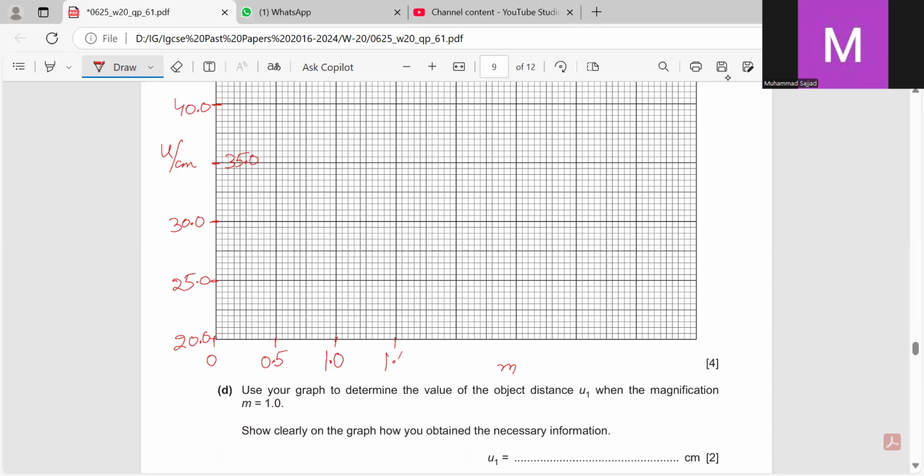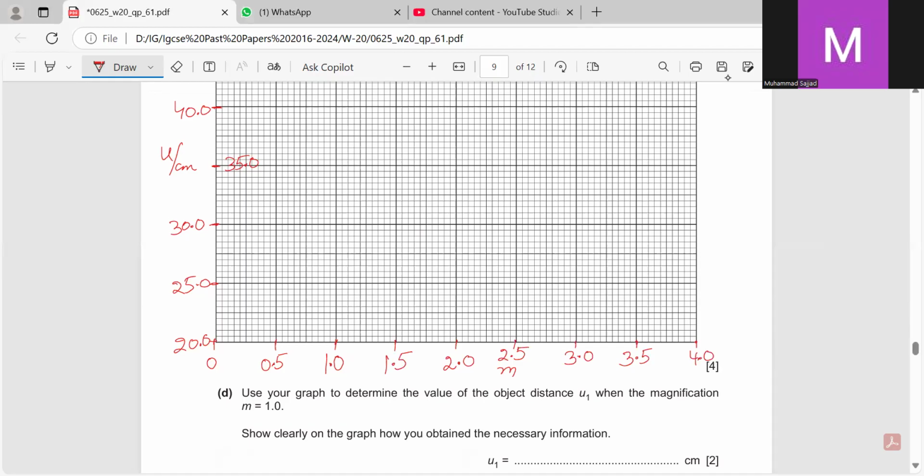Here 1.5, this one 2.0, now 2.5, this value is 3.0, here 3.5, and we need to go till 3.55, so 4.0. So on the y-axis and x-axis, the data is scattered over more than half of the grid, so that is perfect.